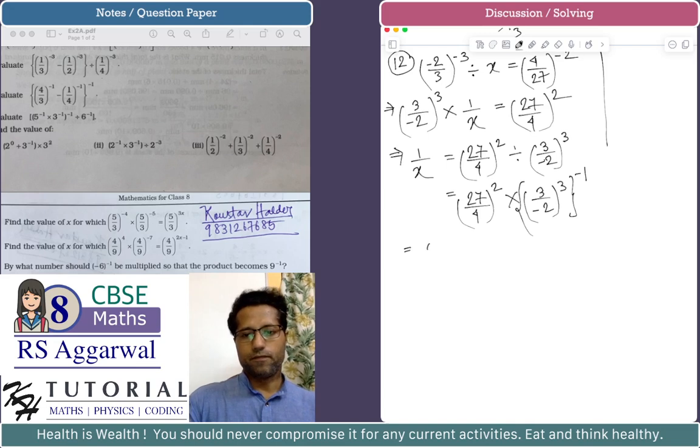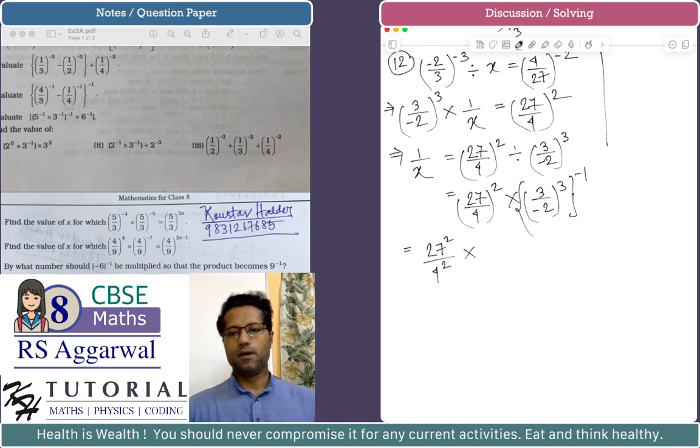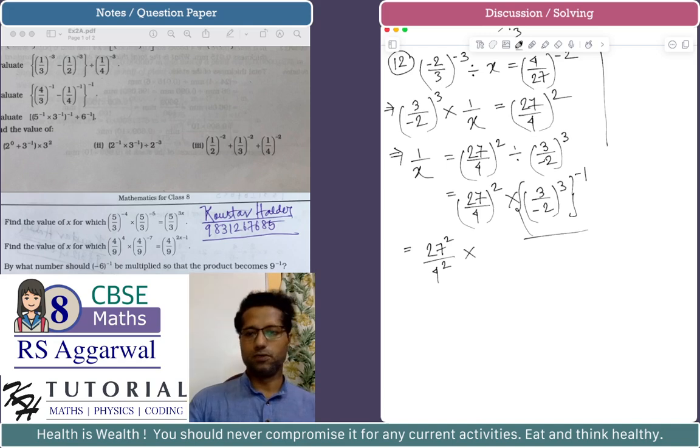we have 27 by 4 whole raised to the power 2. We can split it into rational form as 27 square divided by 4 square multiplied by, now we have here this term 3 by minus 2, this is the base, it is raised to power 3, and again the whole is raised to the power minus 1.